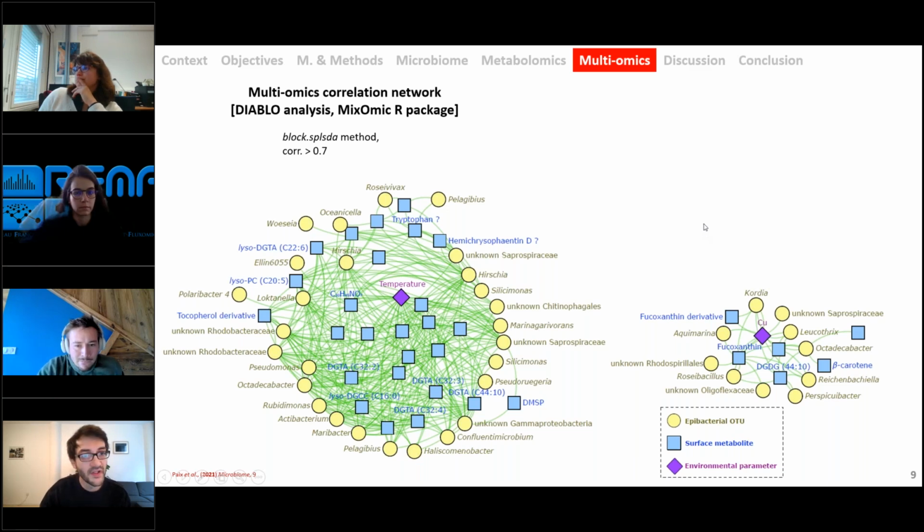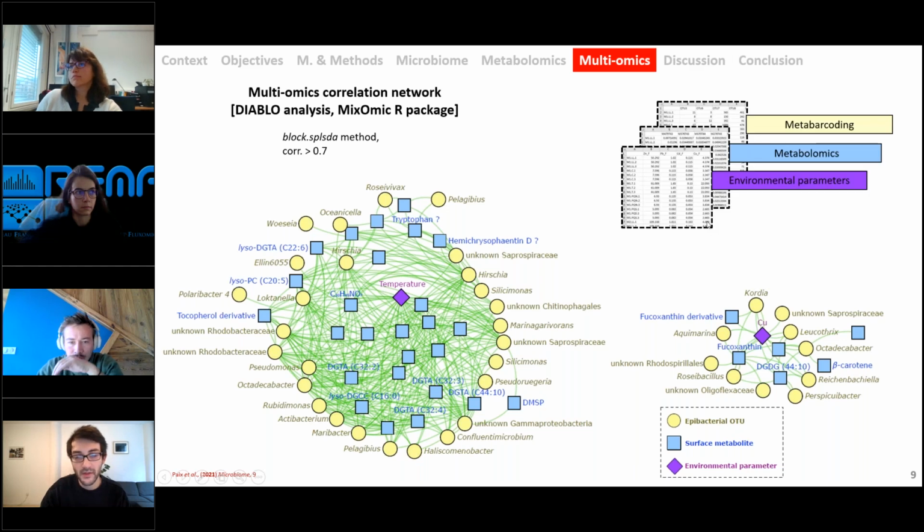When we do multi-omics correlation networks, we obtain this type of result. This network was built with the metabarcoding, the metabolomics, and the environmental parameters datasets.